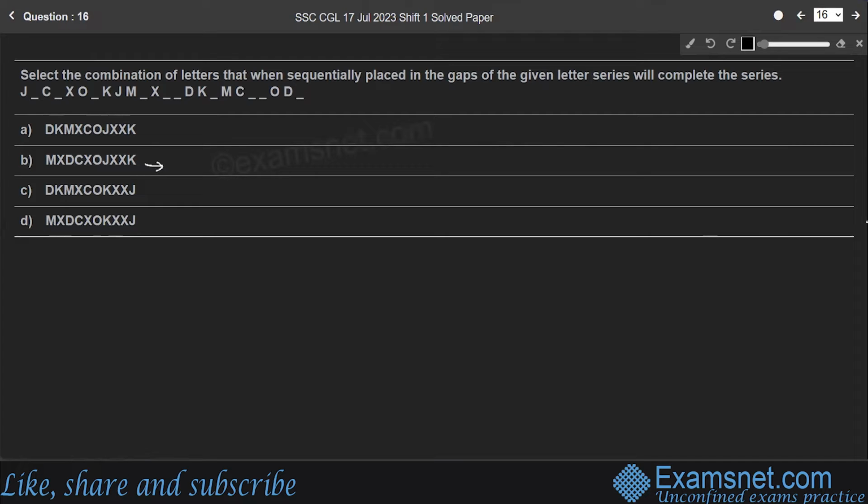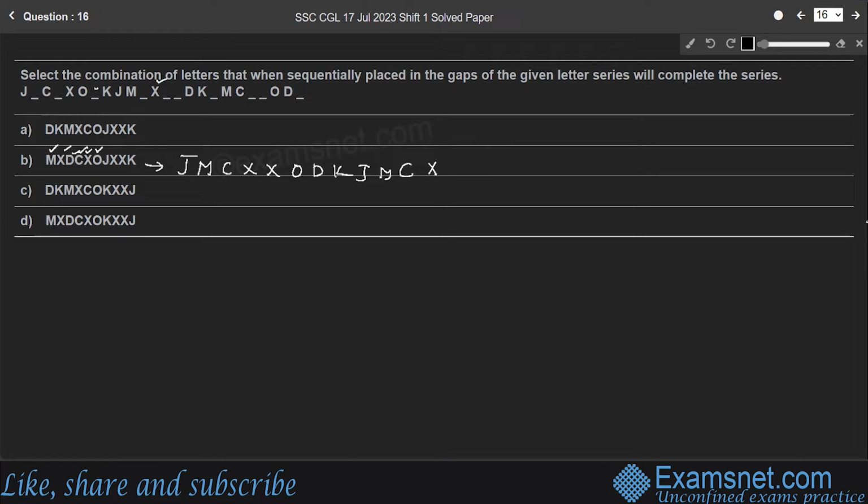Consider option B. We'll start with J, J dash C, JMC, MC dash XO, XXO, dash KJM, DKJM. Next comes CX. There are 2 gaps, so C after C. X is already given.